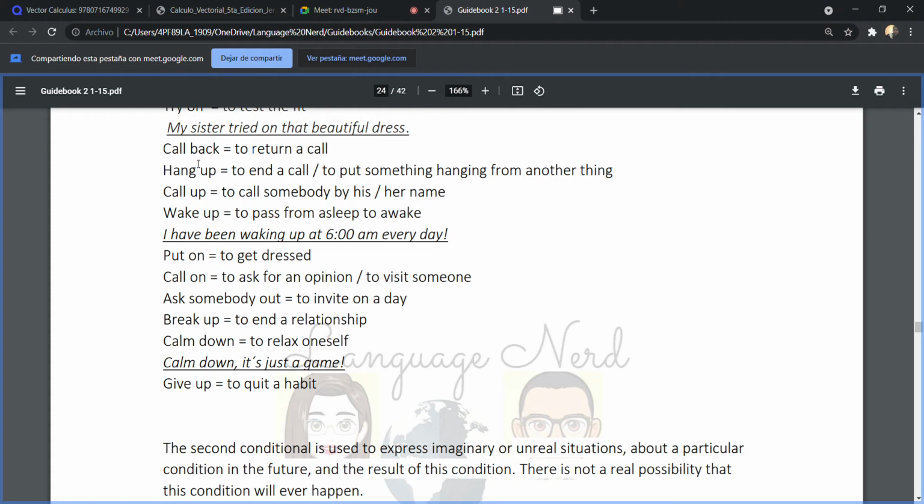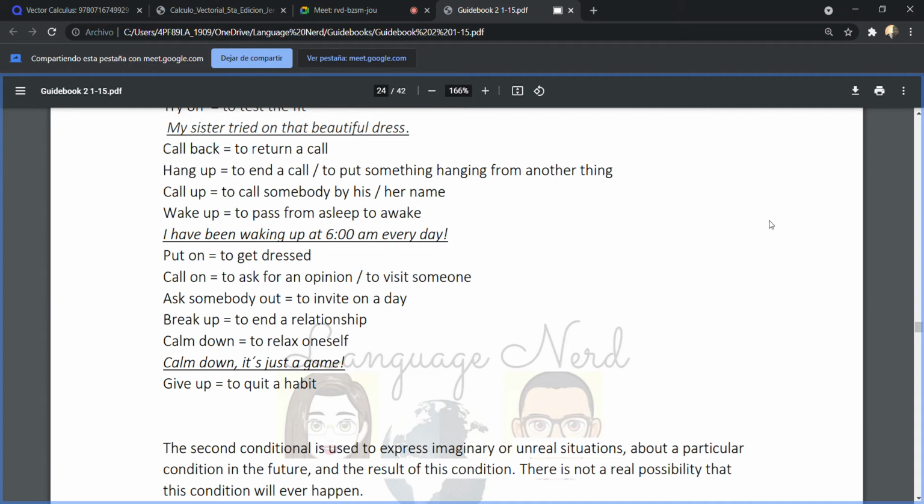So this means to return a call. O sea, regresar la llamada, como te vuelvo a llamar en tanto tiempo, ¿no? El ejemplo que les di, I will call you back. Como te regreso la llamada o te vuelvo a llamar en tanto tiempo.